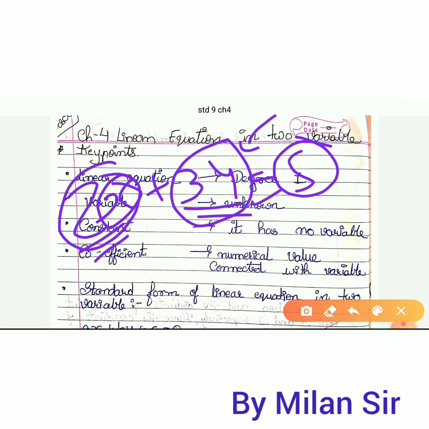If we change the value of y, then the value of 3y is changed. So these two are not constant terms, but 5 does not have any variable, right? 5 is fixed, we cannot change the value of 5, so it is called the constant term.